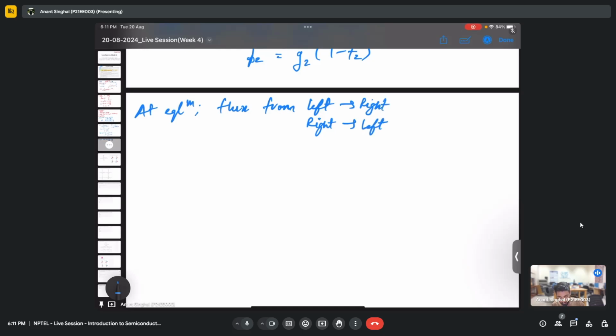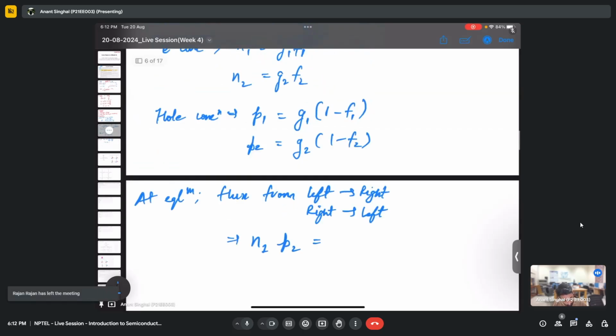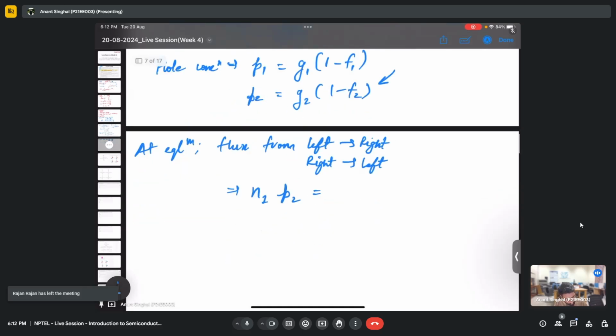So that means N1 times P2, because for the N1 region we will have minority carriers of holes, which is P2, equals N2 times P1.